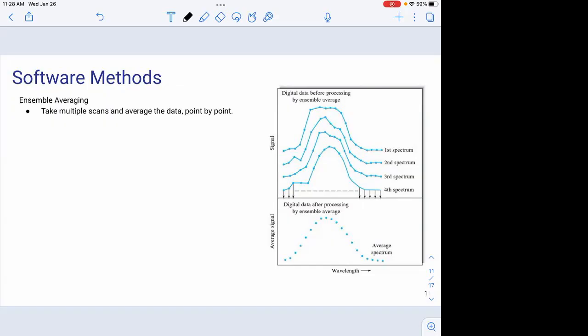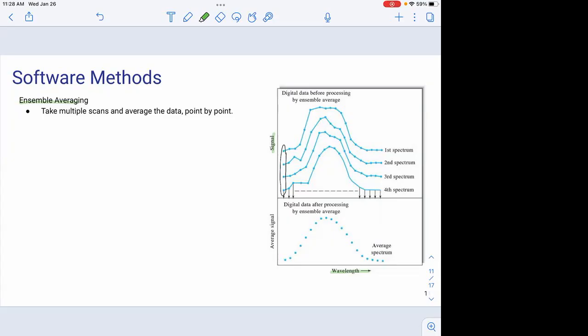So the first one I want to talk about is ensemble averaging, and this is as simple as it sounds. Basically all you're doing is averaging multiple sets of data that occur at the same point. In this image on the right-hand side, I have wavelength on the x-axis and signal on the y. So at every particular wavelength, I took a signal measurement.